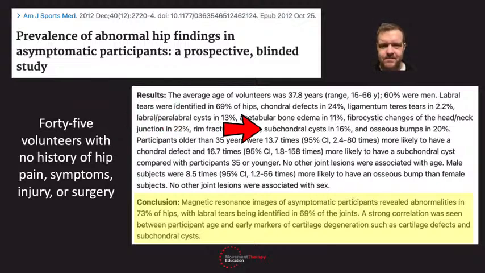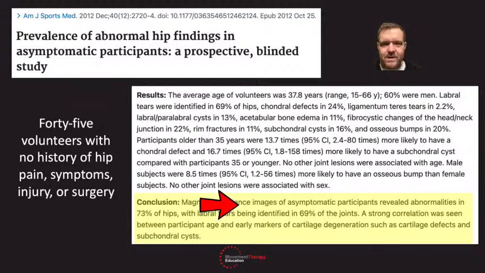Those are quite common. Acetabular bone edema, so that's swelling on the acetabulum. So they identified some kind of swelling. Fibrocystic changes in the head and neck junction. So again, fibrosities around that area. Fractures in 11%. Yeah, so over 10% of people had fractures and they were asymptomatic. And again, you can read on a bit more. I'm not going to go into all of that.